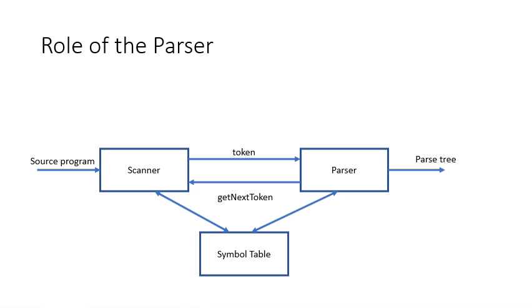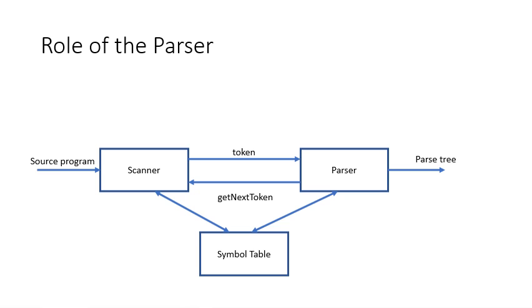If the words do not match the regular expression, then it will generate an error. Any token that is identified by the scanner goes to the next phase, that is the parser. So you will find that the scanner and the parser work together. The scanner will scan the token and give it to the parser.